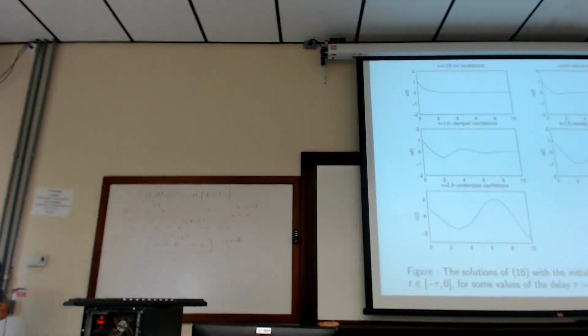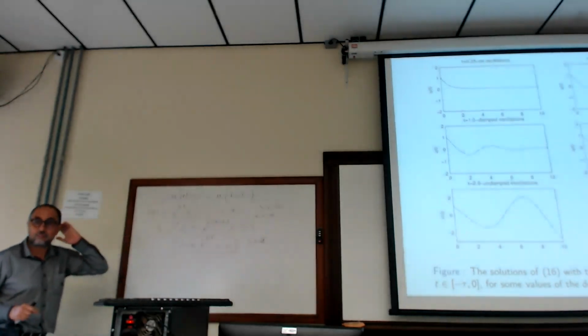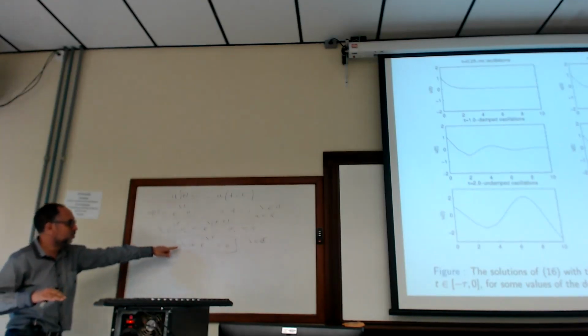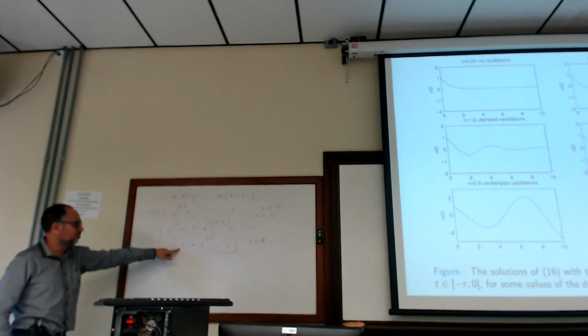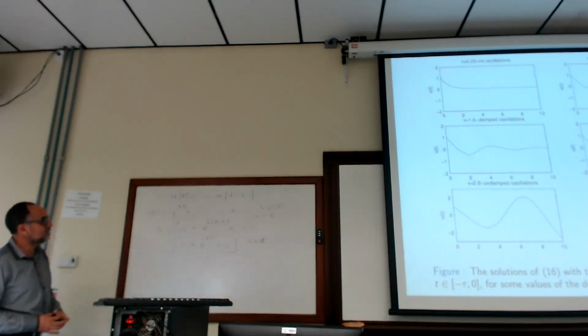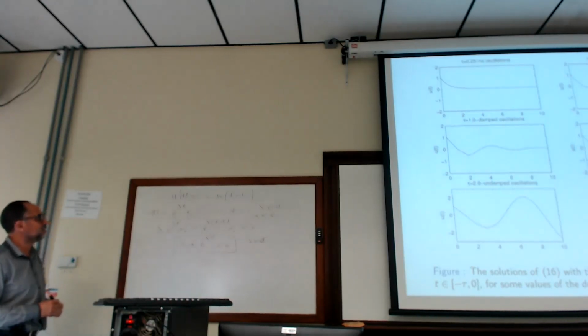But to have oscillations in general means that there is a complex solution. If you want only oscillations, you have to prove that there is a complex solution. Okay, let's start with real solutions.